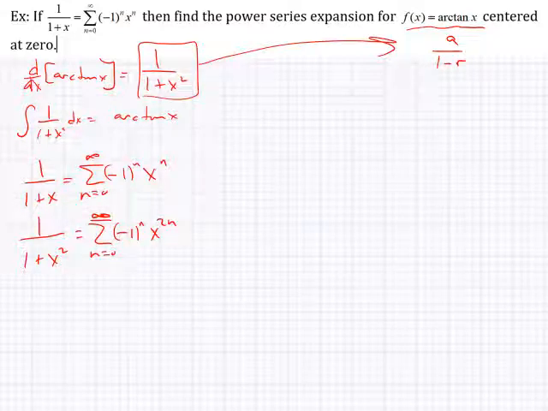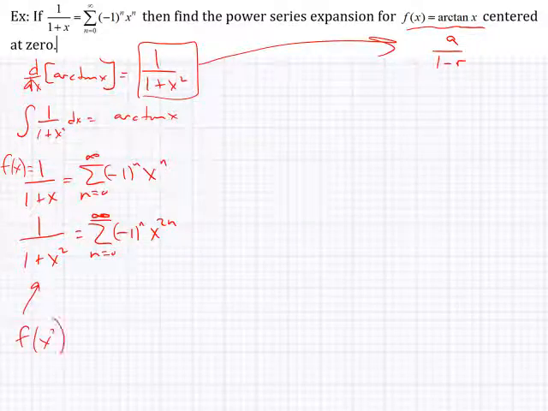Using the idea that if this is f of x, then this one here would be f of x squared. So I need an extra 2 up in this power. That was one of the operations we talked about.